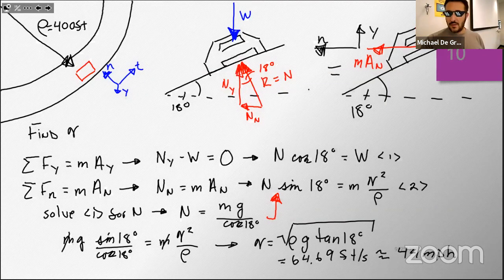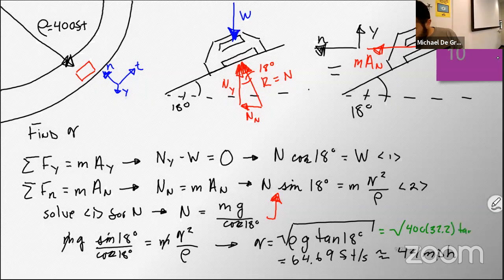Remember, this is rho up here. Rho is 400, so let's just write this. Square root of 400 times 32.2 times the tangent of 18 degrees. Now, some of you did it in SI units, and that's fine too.